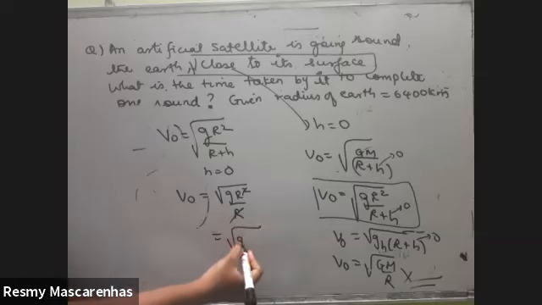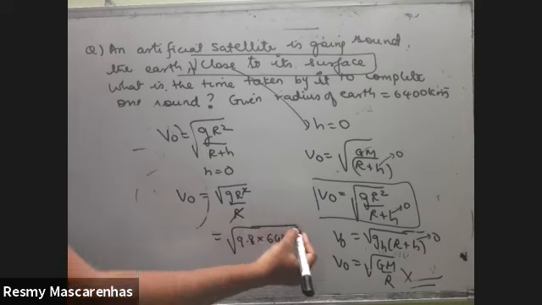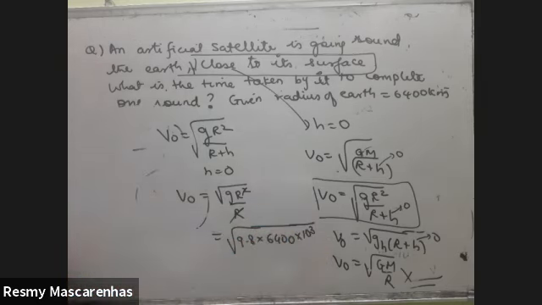So gravity will be 9.8 and radius will be 6400 into 10 raised to 3, kilometers converted to meters. So this will be 7290. After calculating your orbital velocity, now you can calculate your time period.